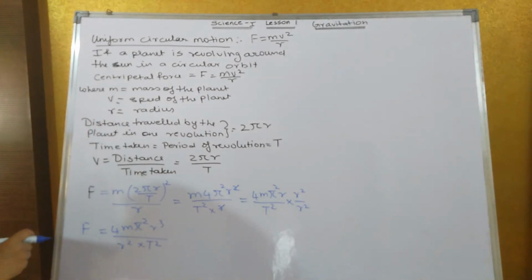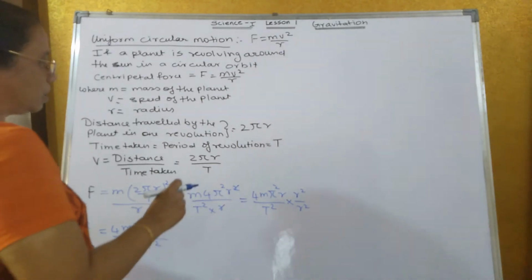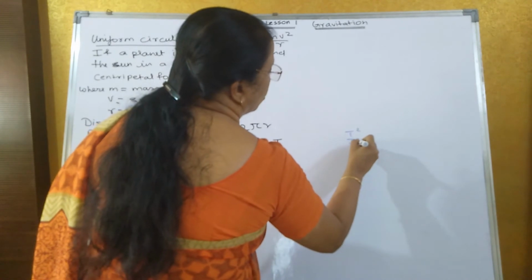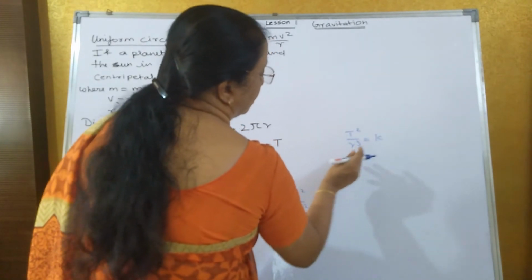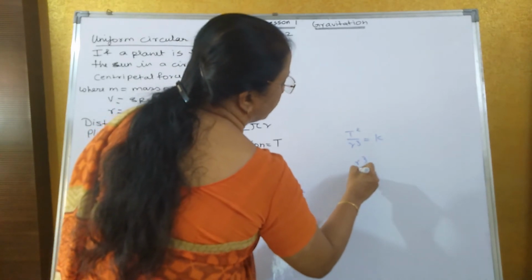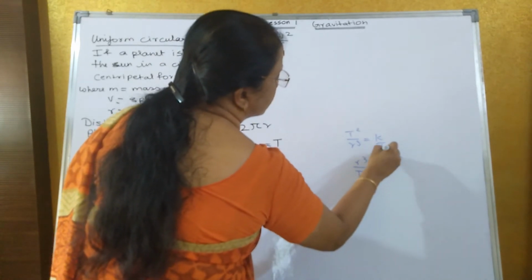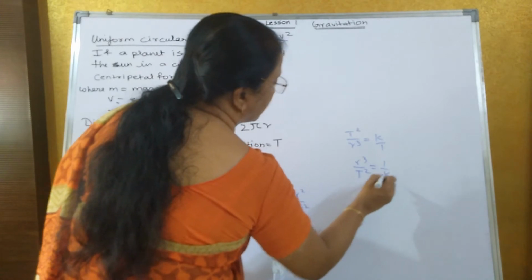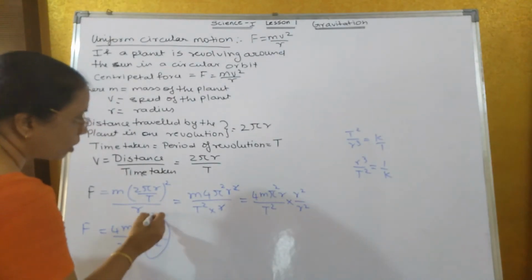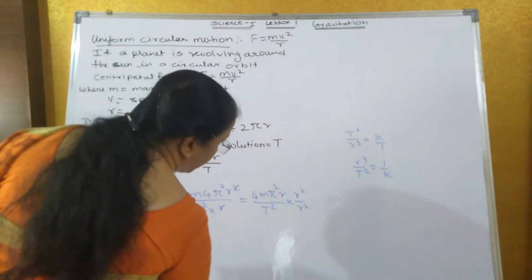Now we had already studied Kepler's third law, that t square upon r cube is equal to a constant k. Now if I reverse it, r cube upon t square is equal to 1 upon k. So in place of r cube upon t square, you will write 1 upon k.